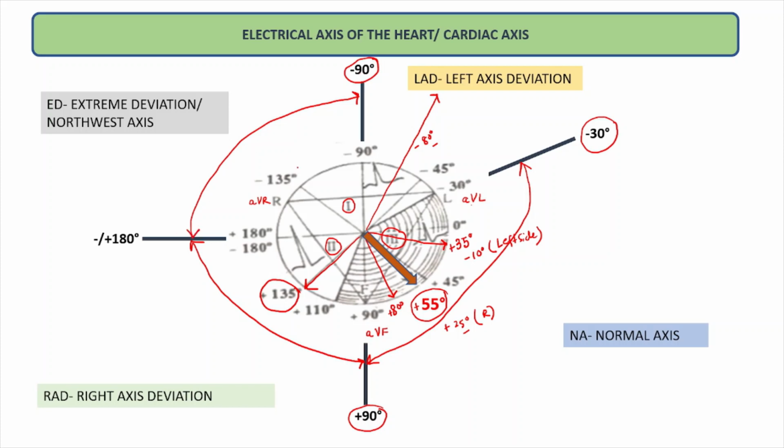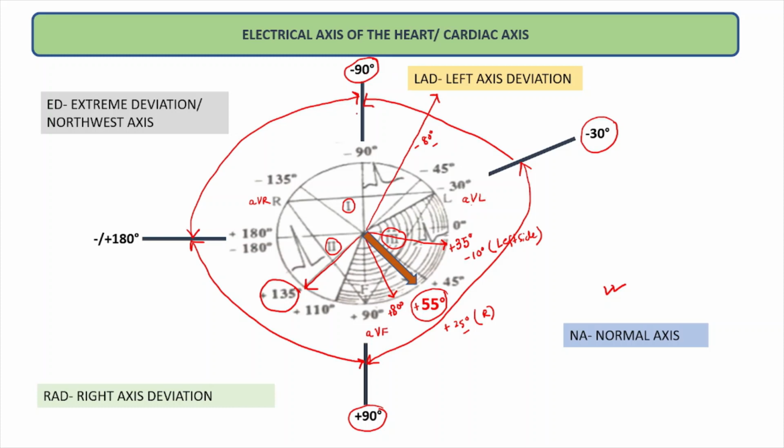And finally, if the electrical axis of heart lies between minus 90 degree and minus 180 degree, then the electrical axis is called extreme deviation or northwest axis. So there are 4 sections, that is normal axis. This region is left axis deviation, which is from minus 30 degree to minus 90 degree.